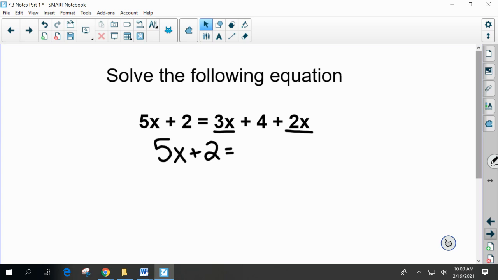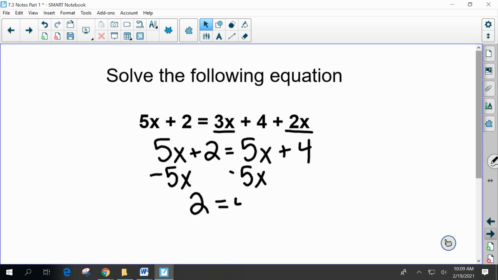And on the right, I have 3x plus 2x, which is 5x plus 4, okay? So then I would choose to subtract my 5x. So then I have 2 equals 4. And is that true? So this is no solution.